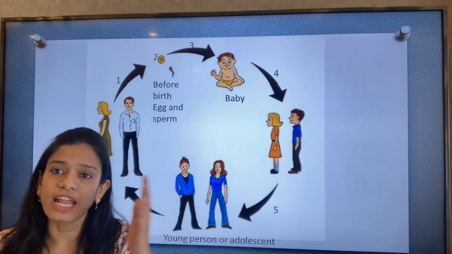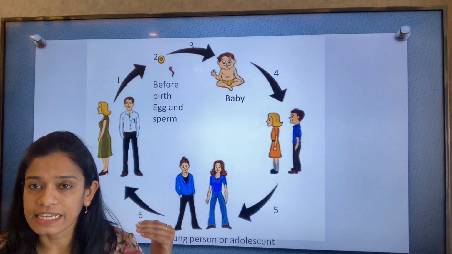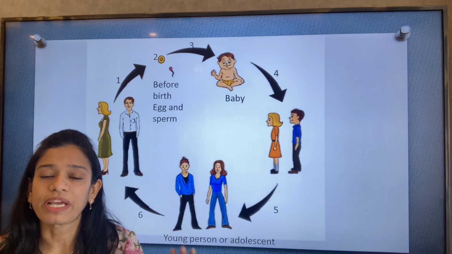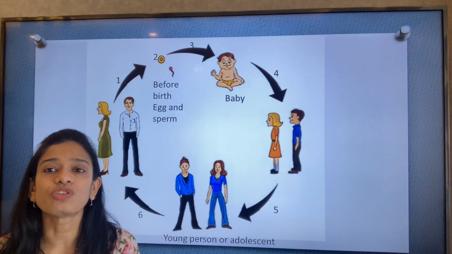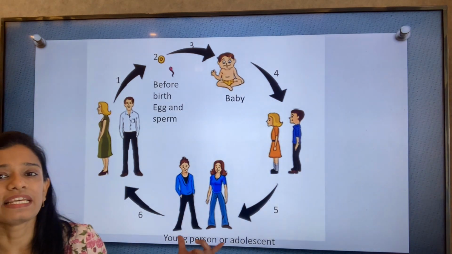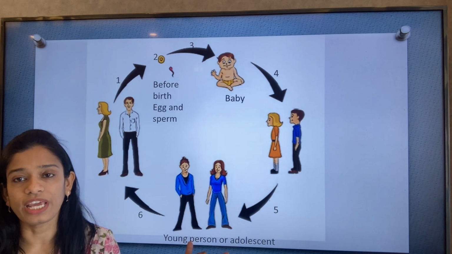This is how the life cycle of a human being continues: a baby, then a kid, then entering adolescence, then adults, and finally old age and death. This is the total life cycle of a human being, and this is the stage that we are going to study today in this chapter.